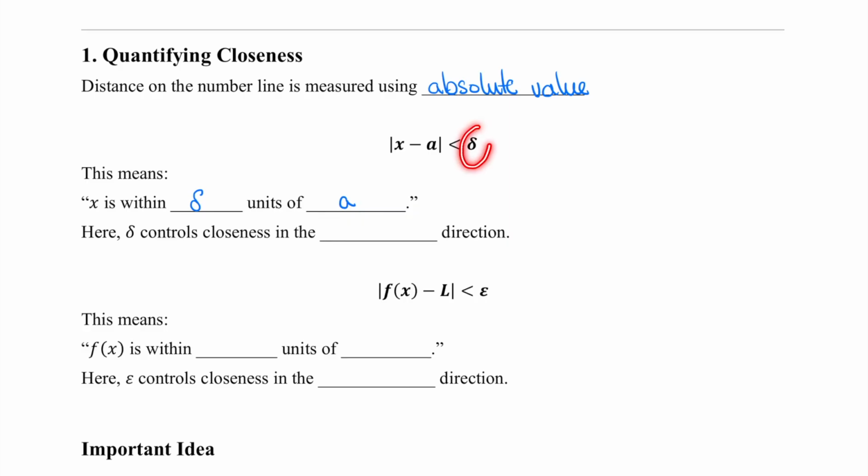If delta is small, then x must stay very close to a. So delta controls the closeness in the horizontal direction, or the x direction. Delta controls how close x must be to a.